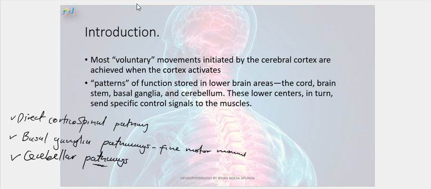Just to note, signals that normally use the direct corticospinal pathway do not normally require passing through the basal ganglia. These are motor signals that do not require major modulation. This includes movements that are simple, and voluntary movements that do not require significant modulation.